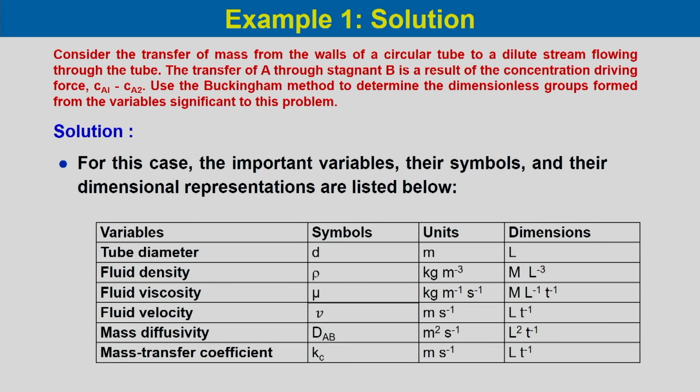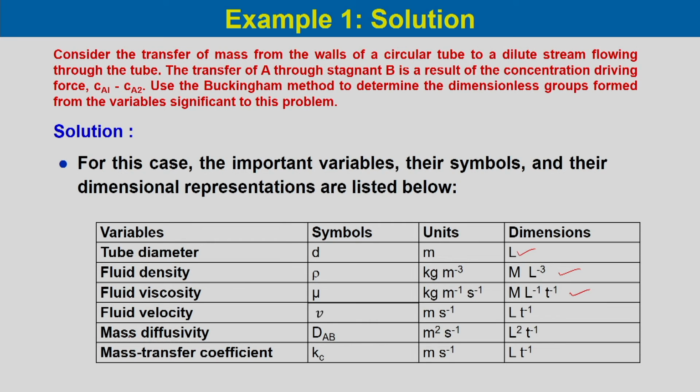As you can see, the variables here are: the tube diameter d, whose units are meter, and the fundamental dimension is L. Similarly, fluid density rho, which is kg per meter cube, whose fundamental dimension is M L to the power minus 3.